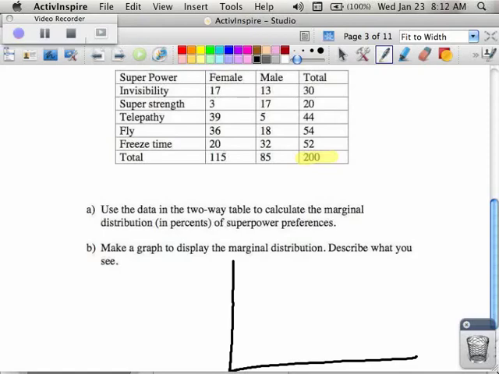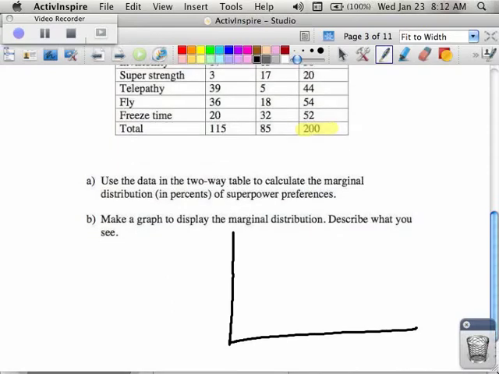So that's not really more than, I don't know, 25%, right? So as I make my graph, I'm probably going to make the highest percentage 25. And then go by fives, maybe 5, 10, 15, 20. These are the percents. And then down below, these are the superpowers.